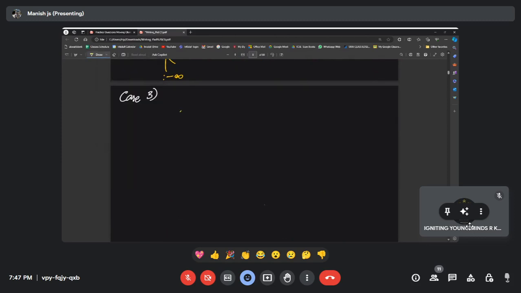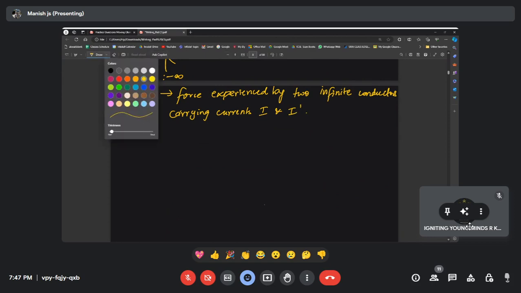The third case is where you have two conductors. It is the force experienced by two infinite conductors carrying currents, say I and I dash. They are separated by a distance of, say, A again.